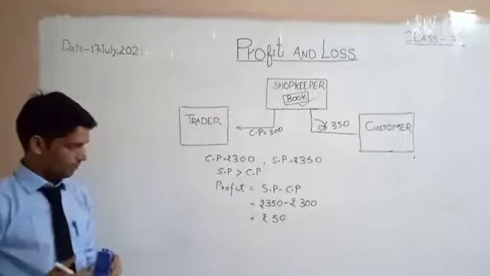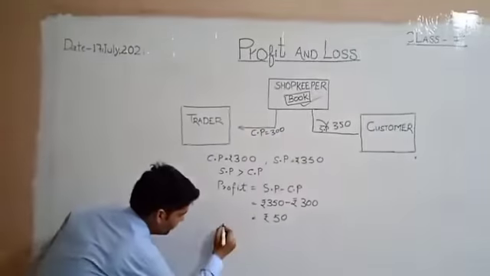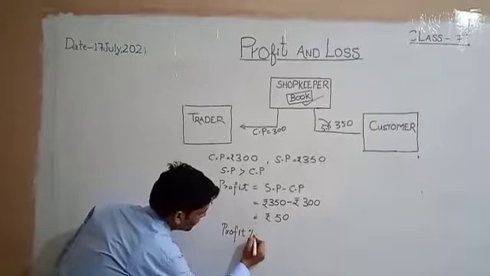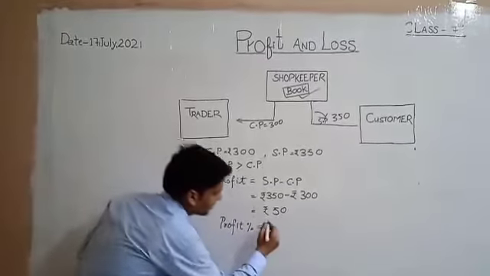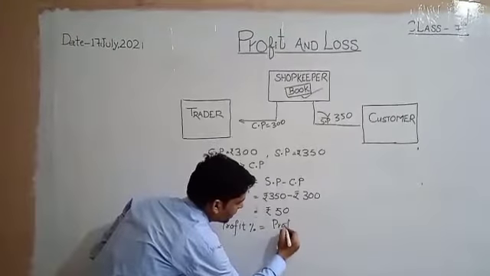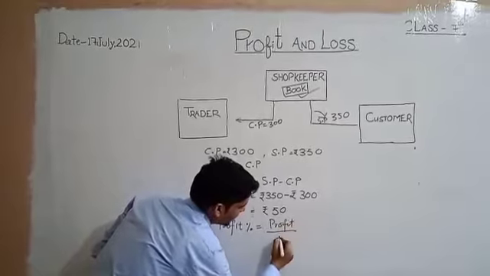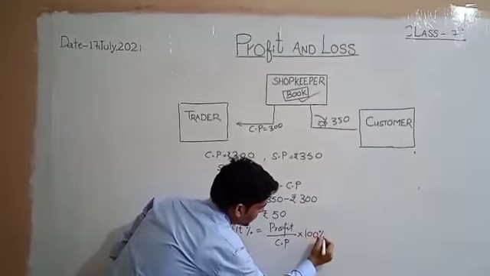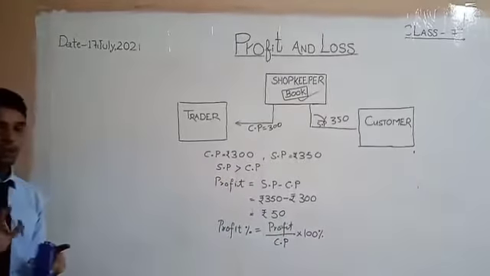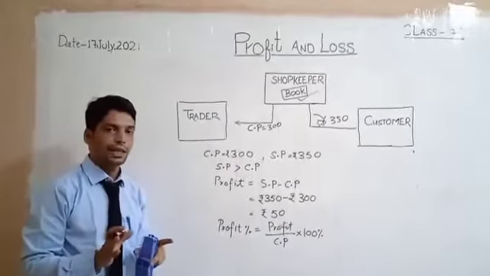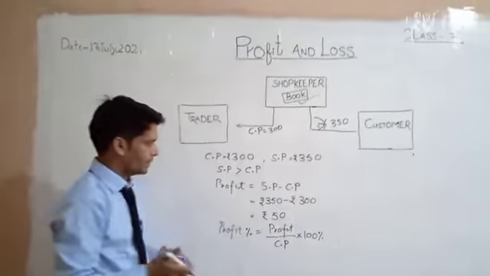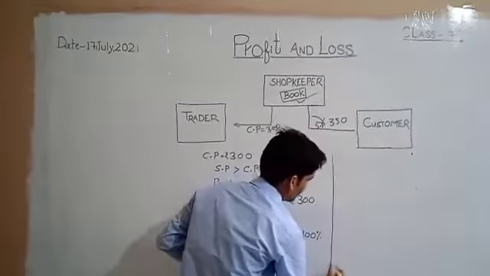Now, what is the profit percentage? The formula is profit divided by CP into 100%. Always, profit and loss percentage is calculated depending upon CP. So solve this.